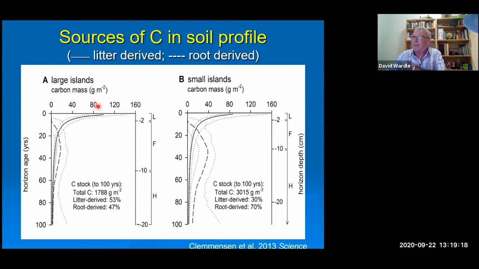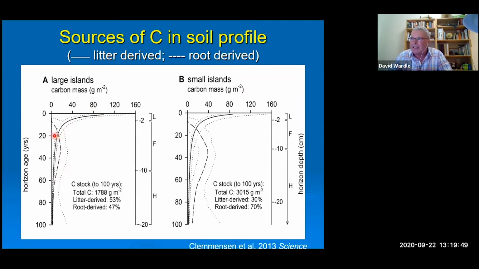What we found, this is the result of the modelling exercise, is if you follow this curve for the large islands, this is the amount of carbon down the soil profile that can be explained by plant litter production, decomposition, litter quality, from what we know of litter production and litter decay dynamics from the system. This dashed line is carbon down the soil profile that cannot be explained by plant litter and must come from somewhere else, such as pumped underneath from plant roots.